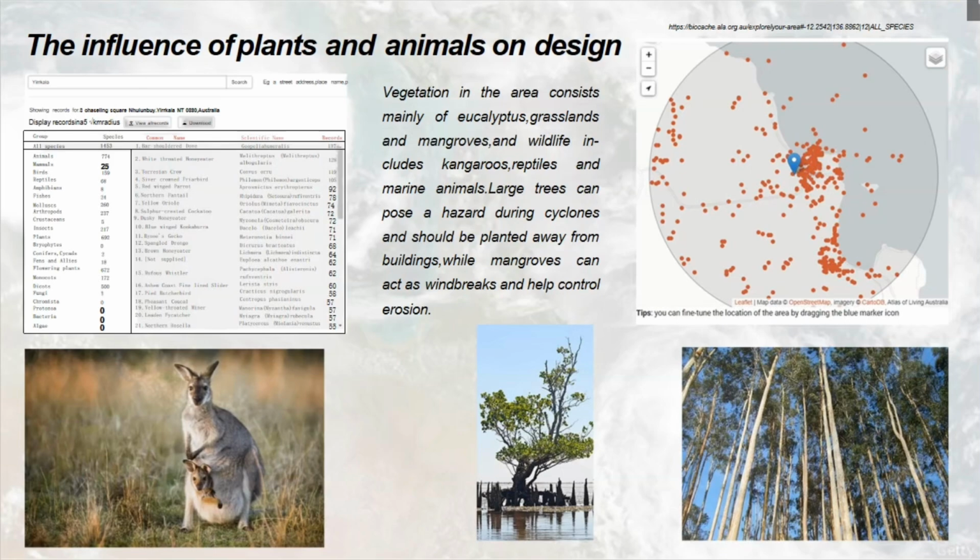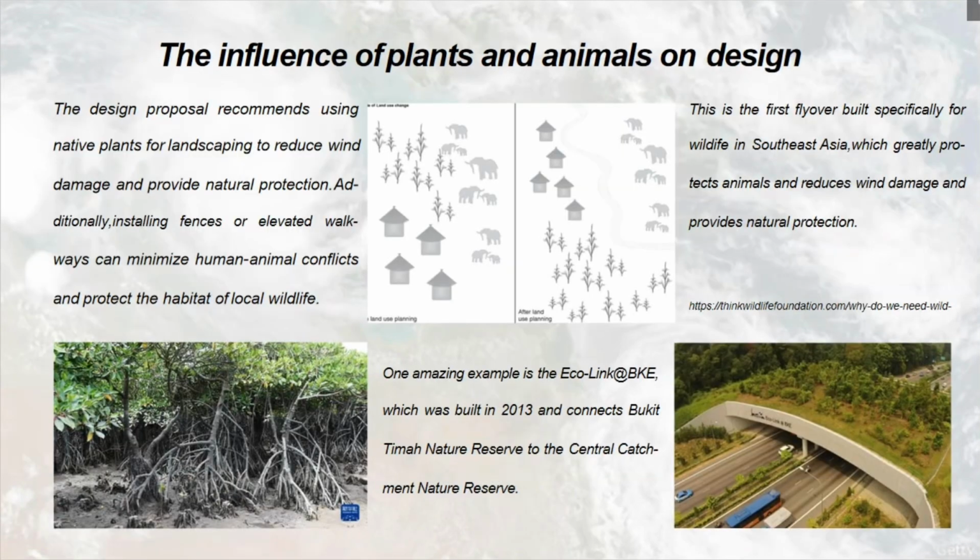Mangroves can act as natural windbreaks and help control erosion. The design proposal suggests using local plants in landscaping to reduce wind damage and provide natural protection. Additionally, installing fences or elevated walkways can minimize human-animal conflicts and safeguard local wildlife habitats.